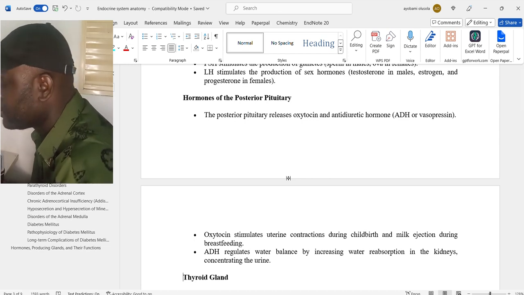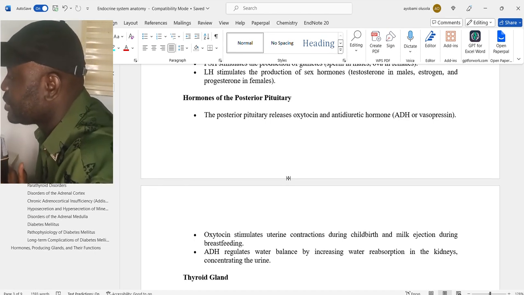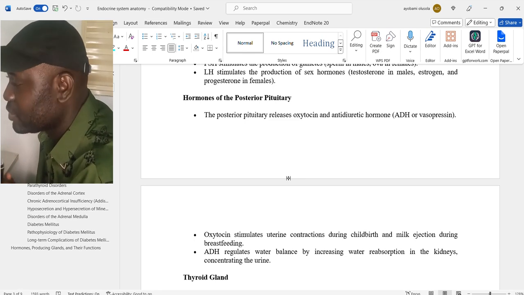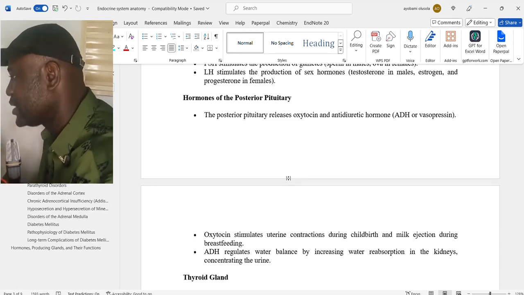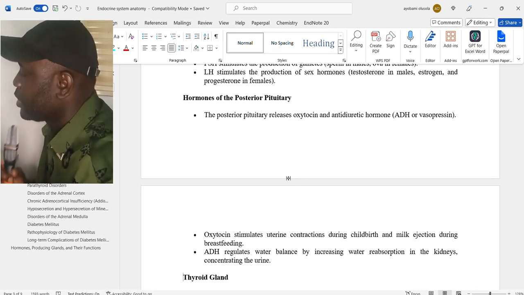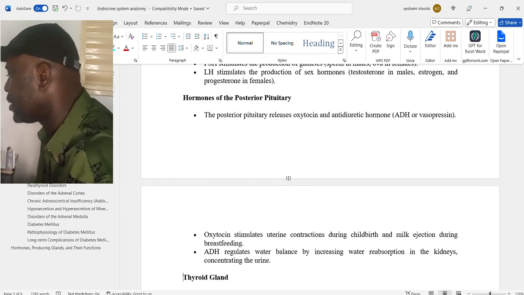Let's talk about the hormones of the posterior pituitary gland. The posterior pituitary gland releases oxytocin and antidiuretic hormone, ADH. I've said it earlier, that is otherwise known as vasopressin. Oxytocin from homeostasis that we talked about.